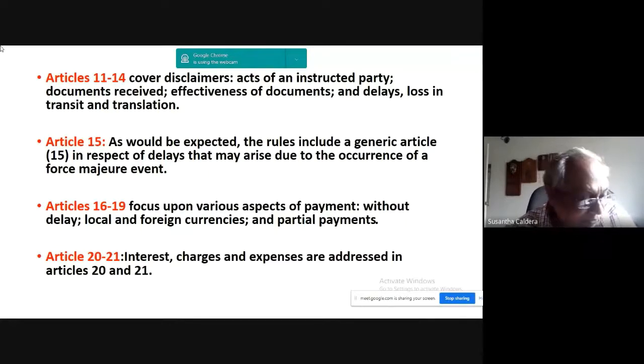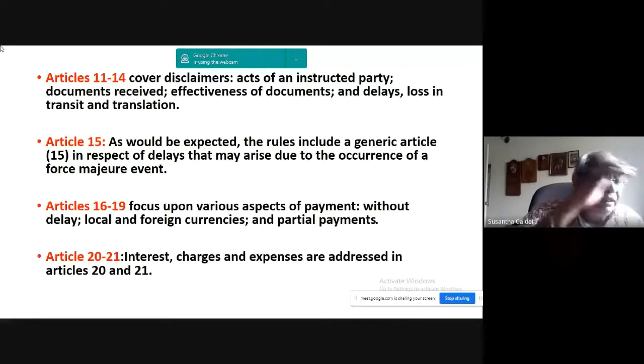Okay, Article 15 talks about force majeure, acts of God, as would be expected. The rules include a generic article, Article 15, in respect of delays that may arise due to the occurrence of a force majeure event.